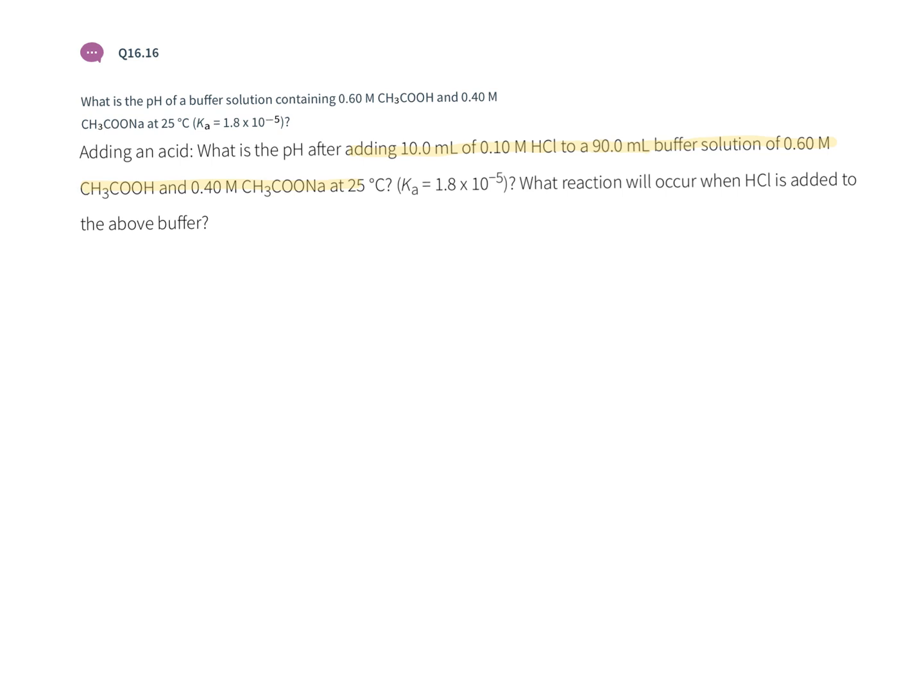For the first question, it's not that hard. The pH of this buffer is just a Henderson-Hasselbalch calculation. The Henderson-Hasselbalch equation: pH equals the pKa plus the log of the concentration of my base over the concentration of my acid. So the pH of this solution would be the negative log of my Ka, 1.8 e to the negative 5, plus the log of the concentration of my base.